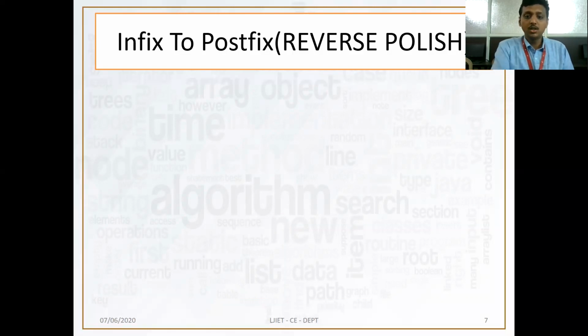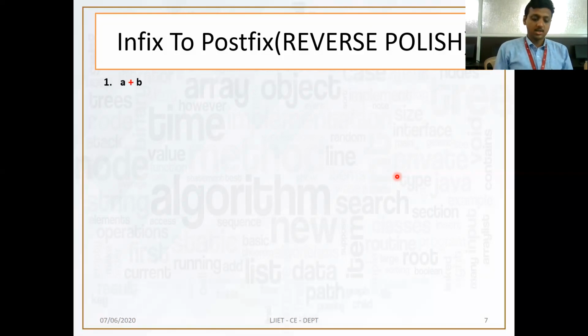Then please do not say, sir, I don't know what reverse polish means. Reverse polish means postfix expression. Okay, so now, taking the first example, number 1 is a plus b.